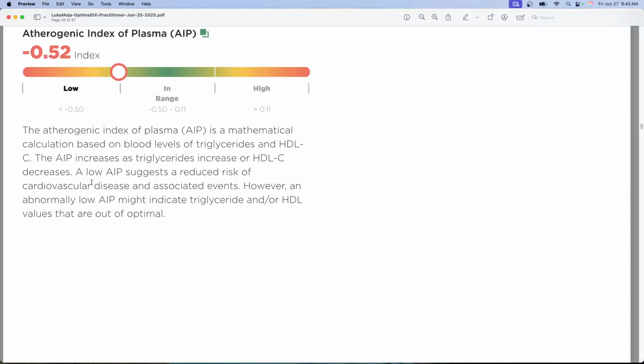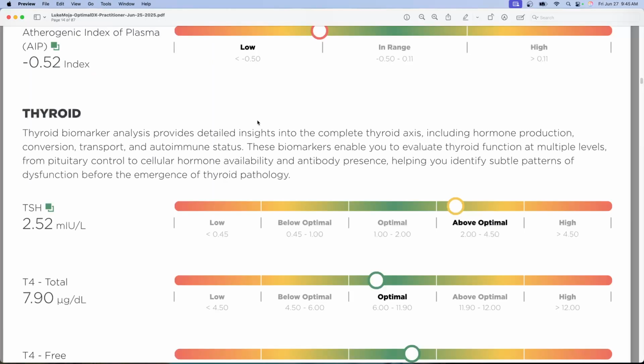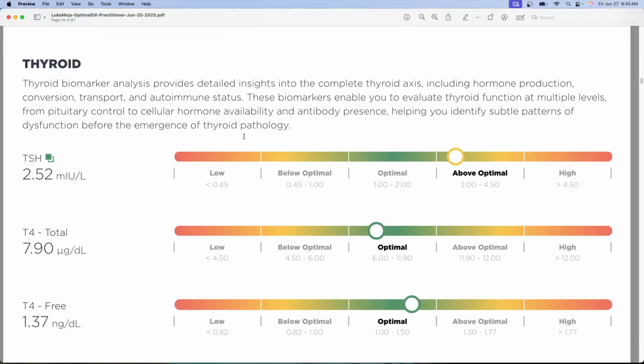It shows I have a reduced risk of cardiovascular disease. Abnormally low, it said, may indicate the triglyceride or HDL was a little wonky there. But mine, you can see right there, we're in range and low-ish there. So I'm pretty good with that. That would show generally that I have a reduced cardiovascular risk. That makes me feel good about that.